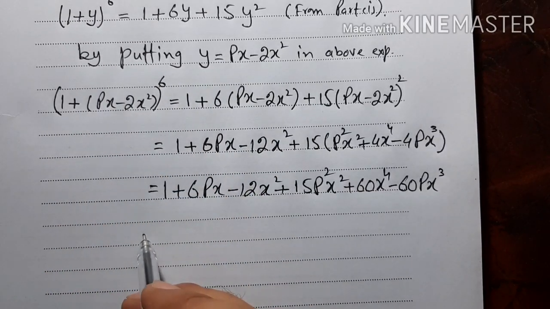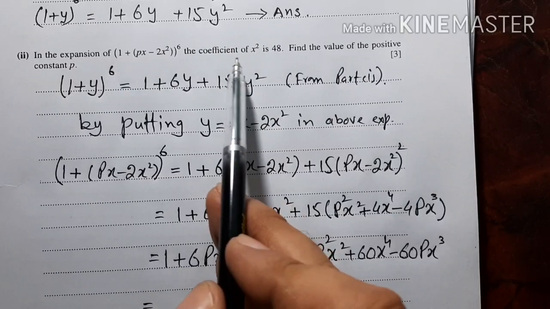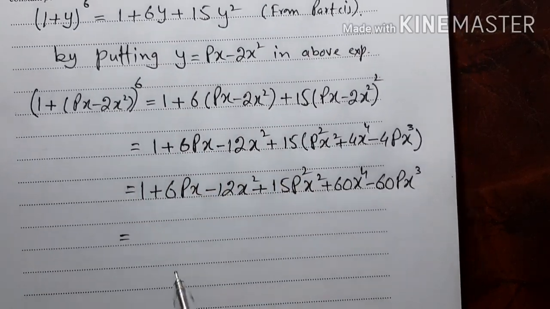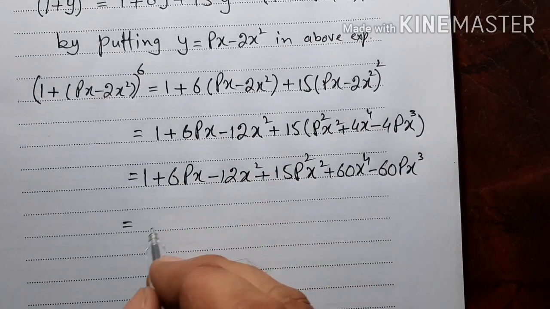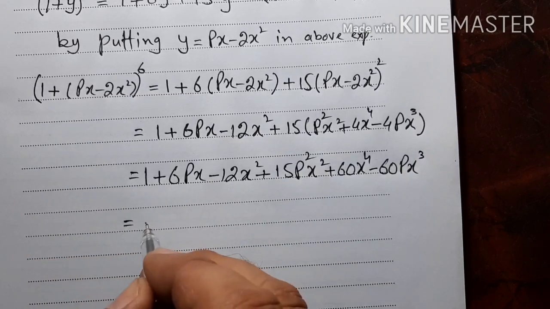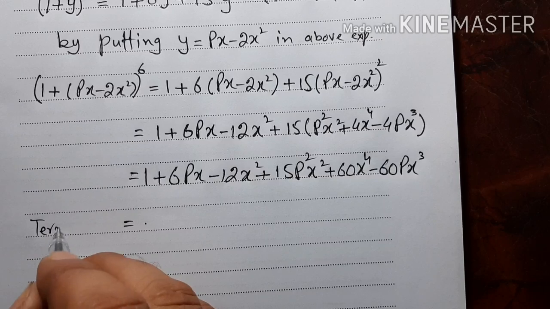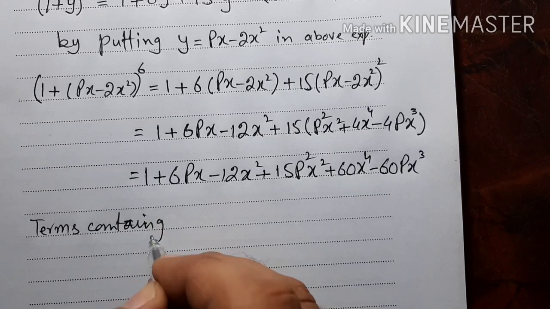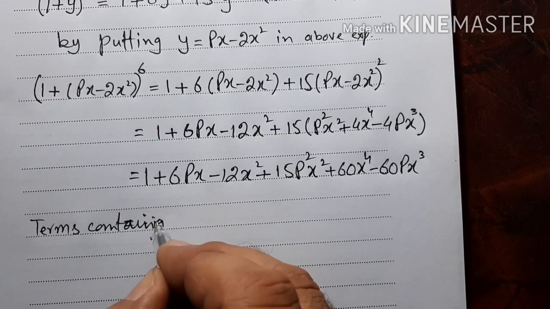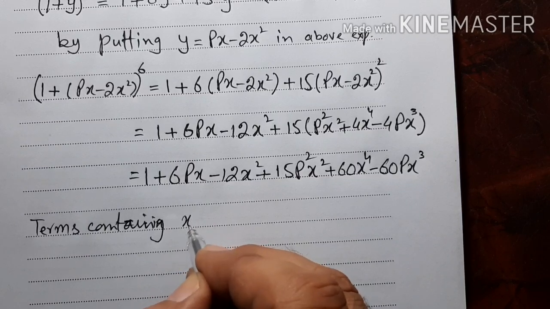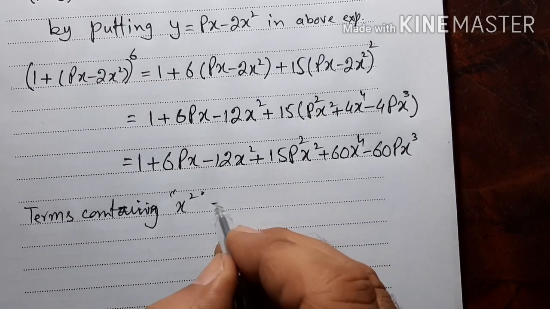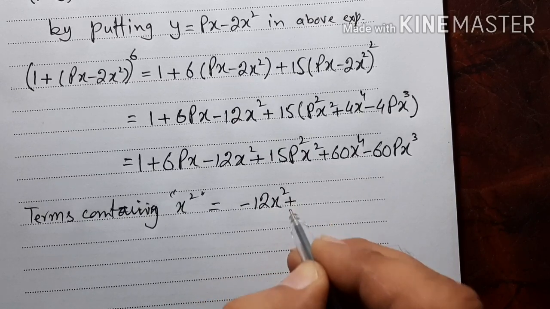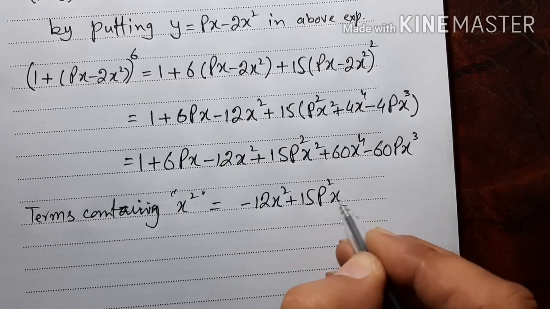So I just need the coefficient of x square, so I need just the terms containing x square. Those two terms are minus 12x square plus 15p square x square.